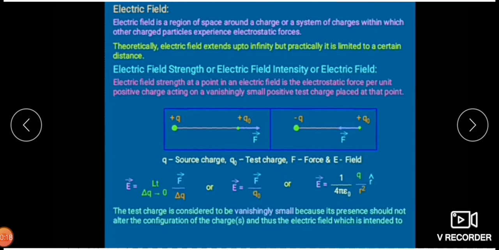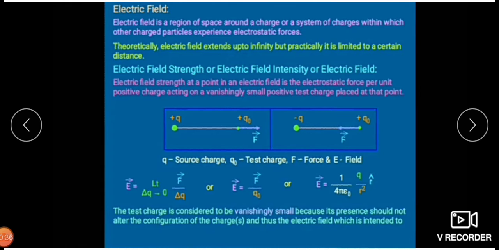According to Coulomb's law, a point charge exerts a force in the region or space around it. The region or space around it in which other charges are attracted or repelled is known as the electric field.